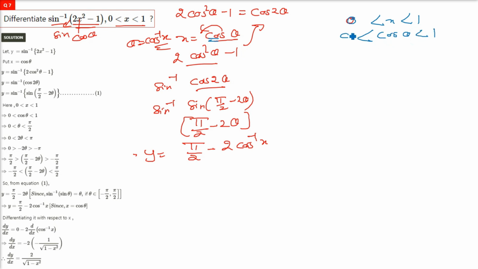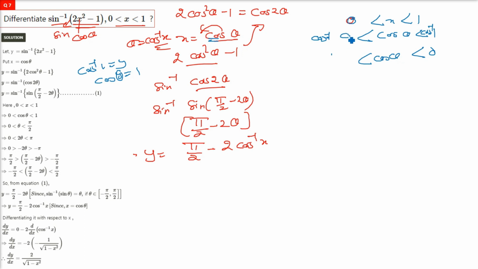And when you take cos inverse on all sides, you get cos inverse 0. What is the value of cos that gives 0? Cos pi by 2. And cos 0 is 1, so cos pi by 2 is 0.